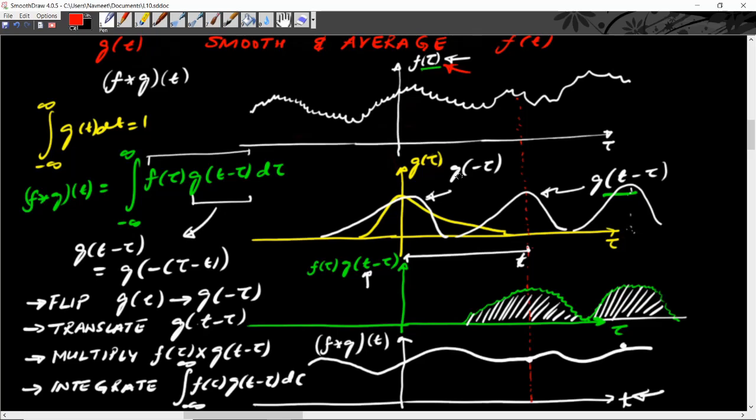So consider that you take convolution at two times. Let's say once at this particular time t and another at a neighboring time, let's say t prime. As we have seen, convolution involves a weighted sum of the neighboring values of this function.